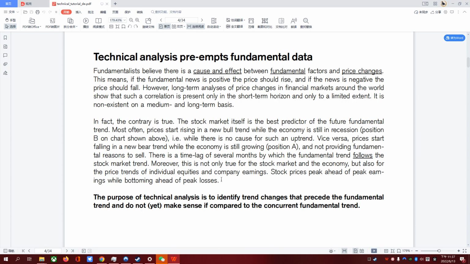Fundamentalists believe that there is cause and effect, and there is a relationship between fundamental factors and price change. So sometimes technical analysis could be driven by fundamental analysis, and sometimes they have very different correlation.